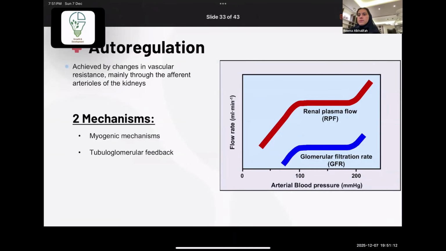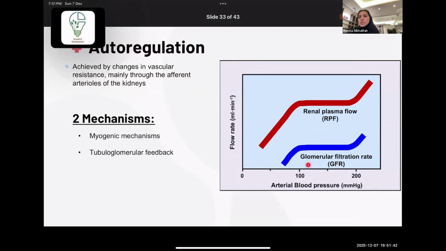Now, let's look at this graph. You could notice between, let's say, 90 to 180, the renal plasma flow and the GFR remains constant between those pressure values. Why is that? We have a mechanism that is auto-regulated by our body, and that is helped by the resistance.